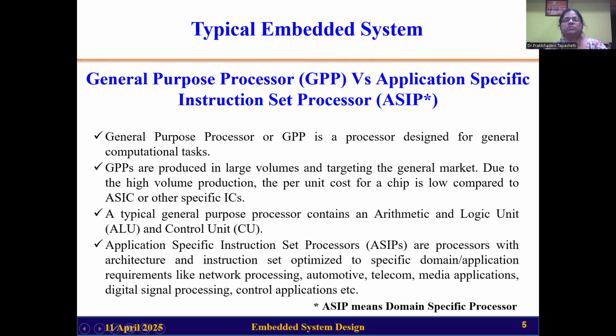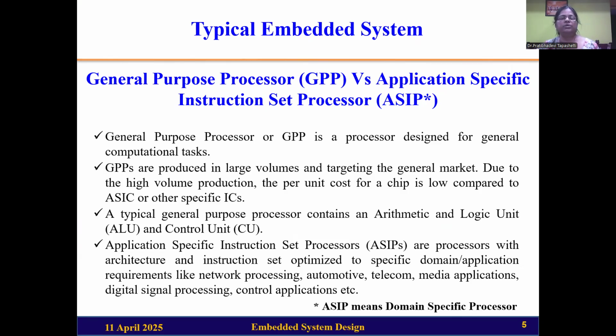General purpose processors, in short GPPs, versus application specific instruction set processors, ASIPs. So the points are going to be like this. A general purpose processor, GPP, is a processor designed for general computational tasks. It is going to be used generally.